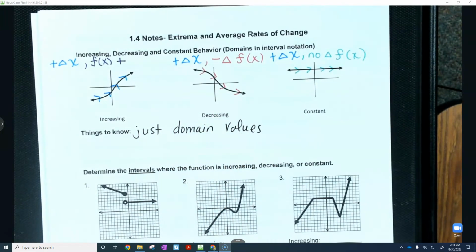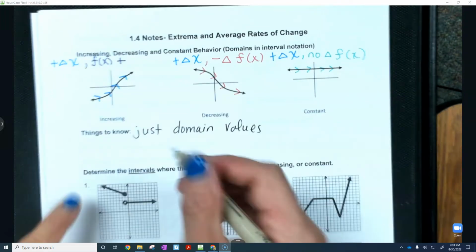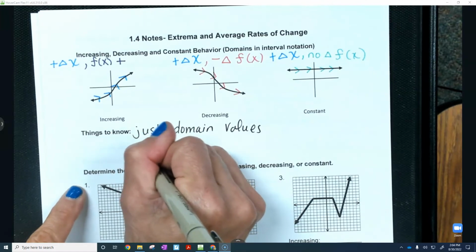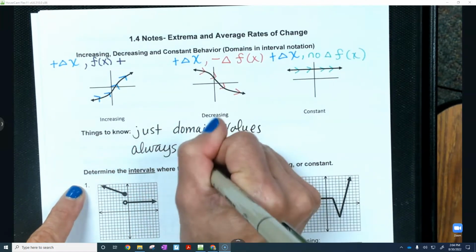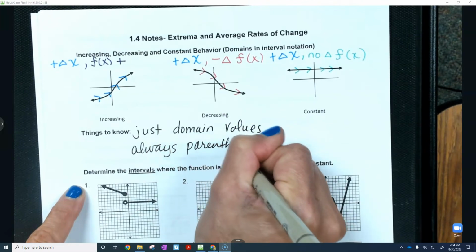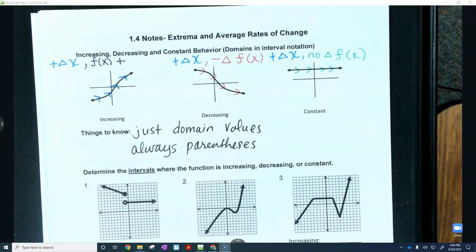You are only going to be able to tell me where a graph is increasing or decreasing by the x values. We're going to use the y values to figure it out, but the answer is only x values. And it is always parentheses. No brackets. Never, ever.